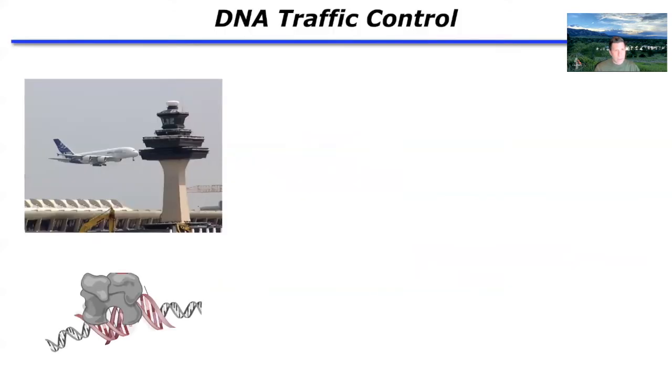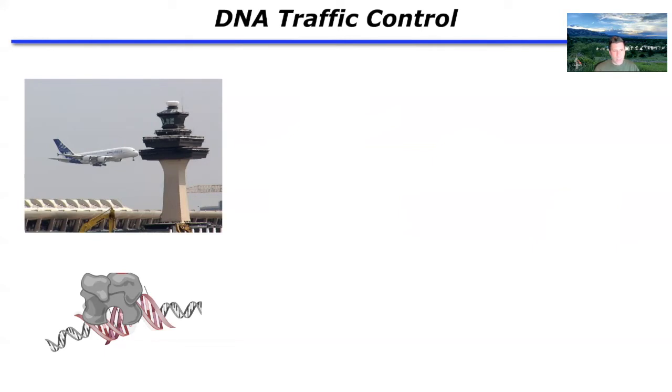And really, you can think of this as looking at one airport, how the planes are landing in one cell state, the HepG2. But as cells change, those DNA binding proteins change, and they then know how to define a new cell state. This is kind of like air traffic control, if you will.